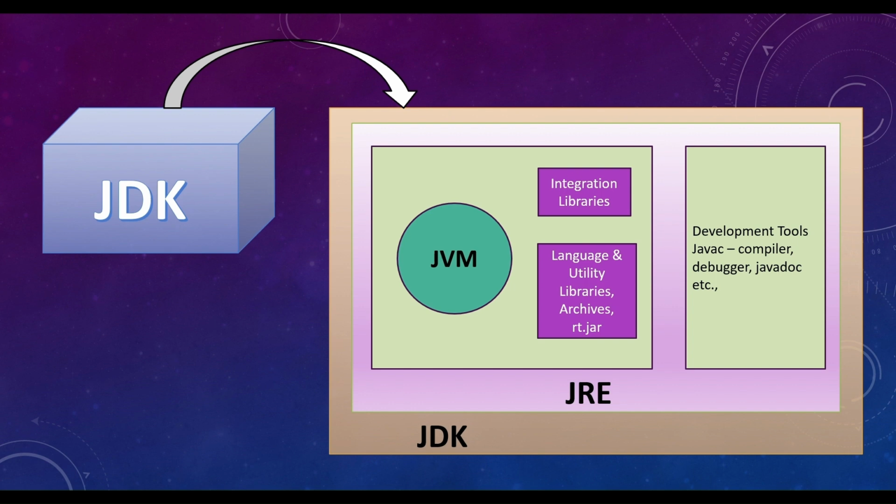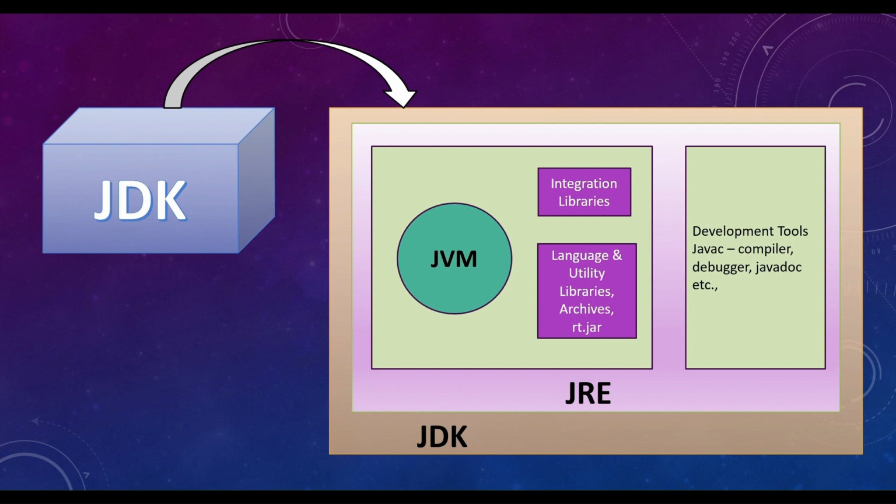JVM is responsible for executing Java bytecode, so it takes bytecode as input. During the compilation process, the .java file gets converted into a .class file, and the .class file is taken by JVM as input. It compiles and interprets it, completes the final execution and gives the response.